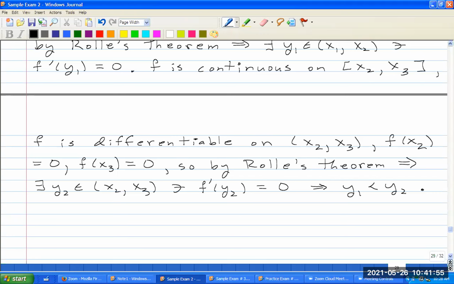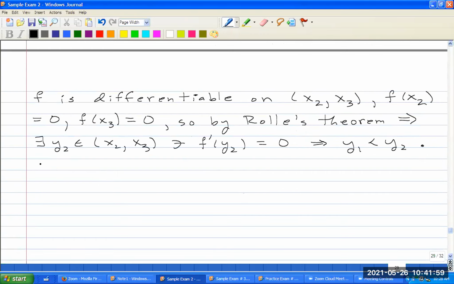We have that the first derivative, the second derivative of f is less than or equal to 0 for all x.